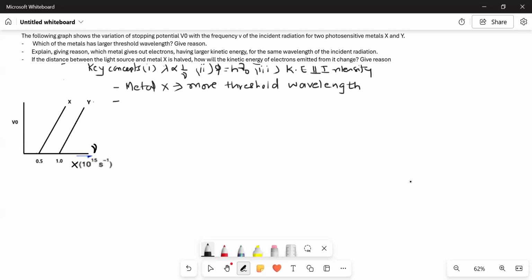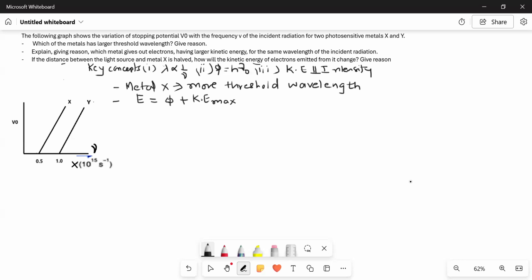Second part, give reason which metal gives out electrons with a larger kinetic energy for the same wavelength of incident radiation. Now we know that by Einstein's photoelectric equation, E is equal to work function plus kinetic energy maximum. So since the wavelength is same, the energy of the incident photon will be same. So this is constant.